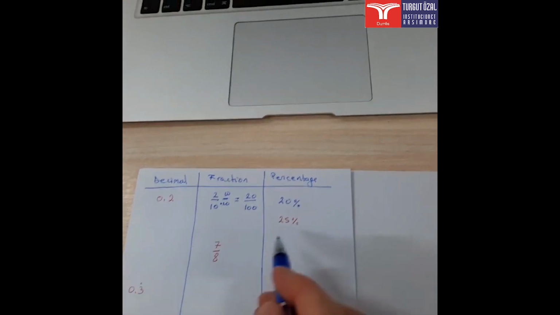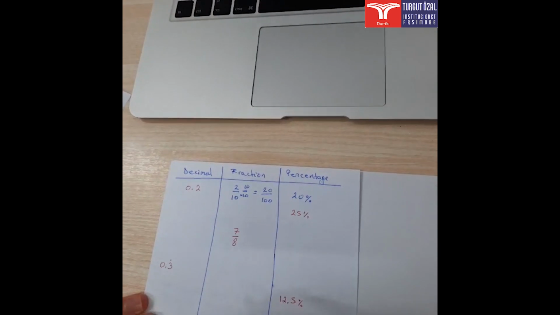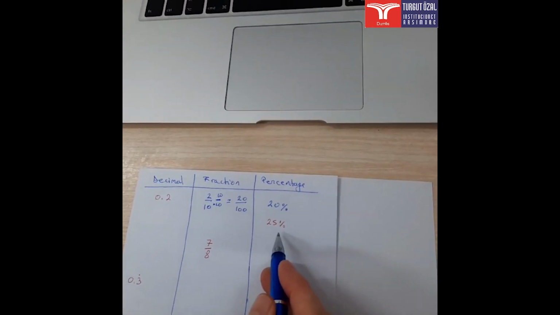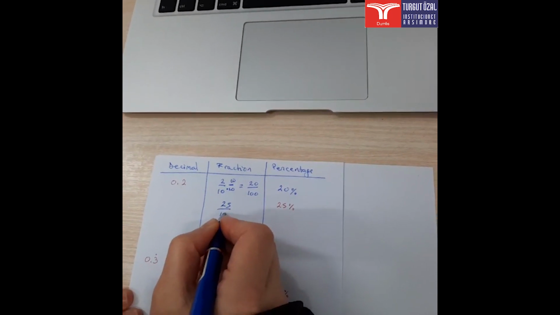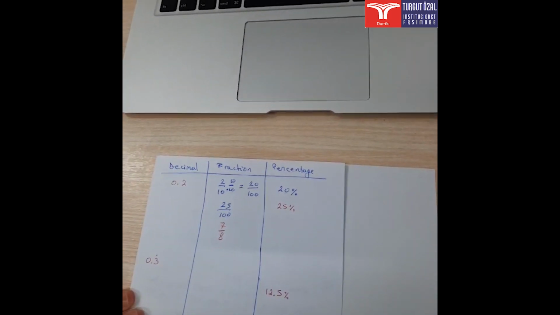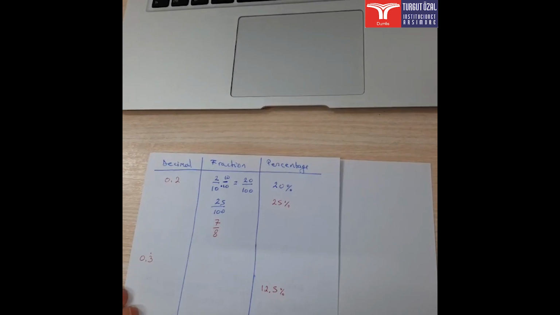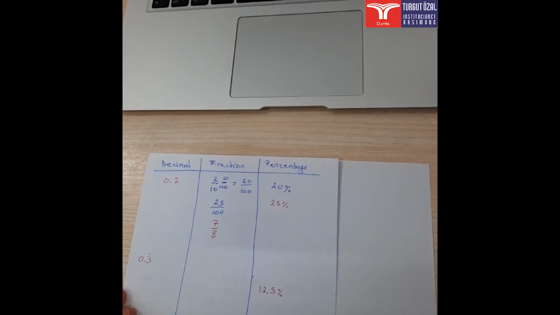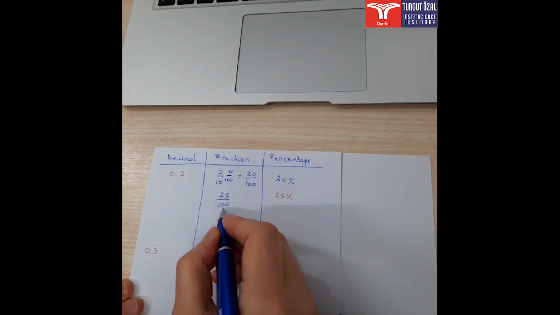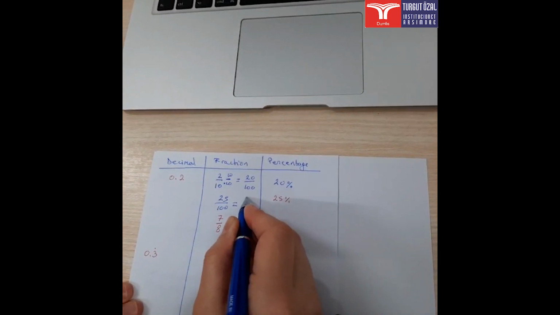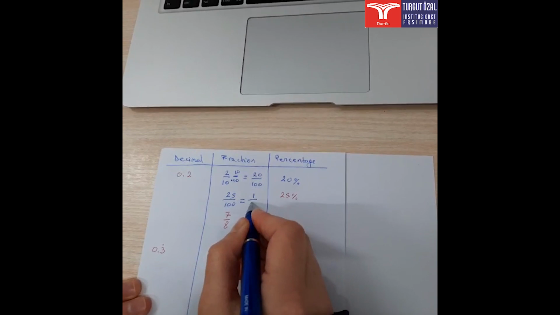Let's see the second one, 25%. 25% means 25 over 100 as a fraction. But of course, we would like to take this one to the simplest form. So 25 over 100 to its simplest form will be 1 over 4.